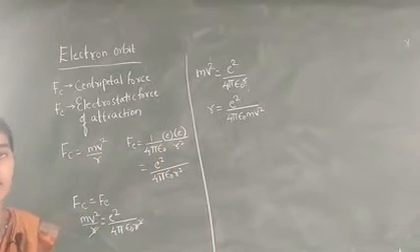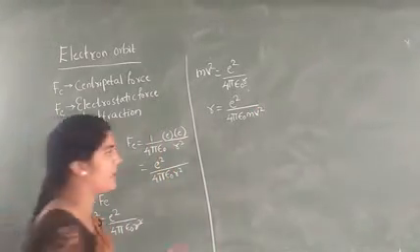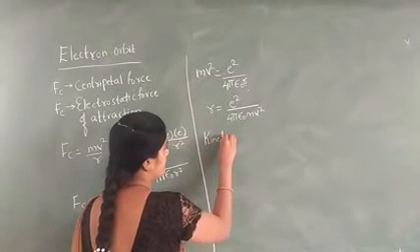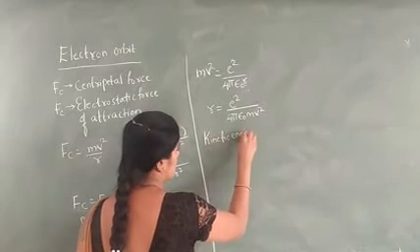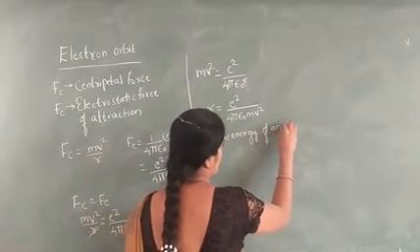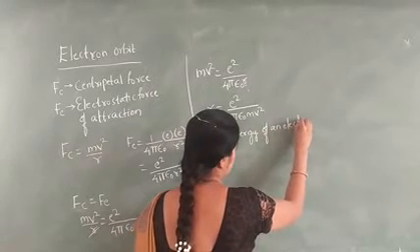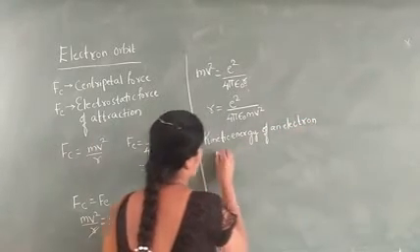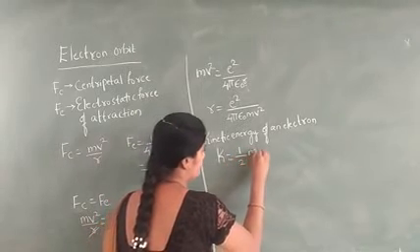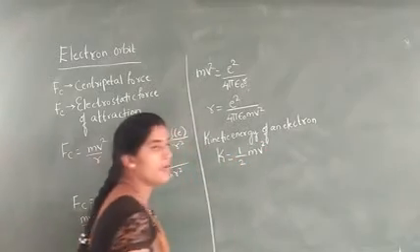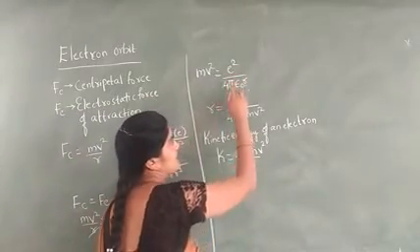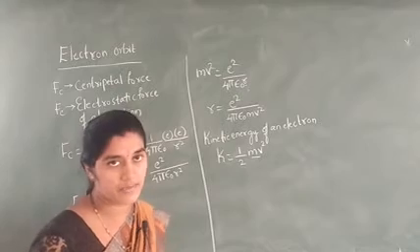Now here we are applying it to the kinetic energy of an electron. The kinetic energy of an electron is equal to, we know the formula, 1 by 2 mv square. We know the value of mv square: mv square is equal to e square divided by 4 pi epsilon naught r.